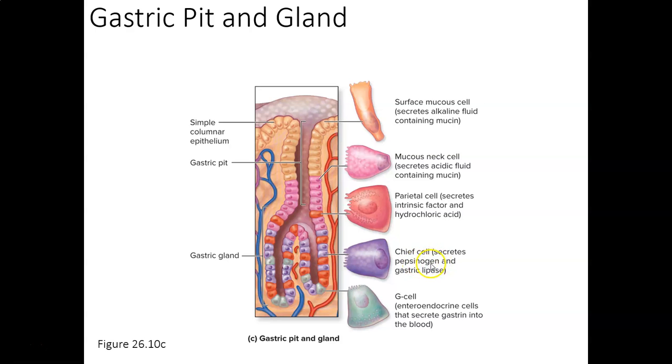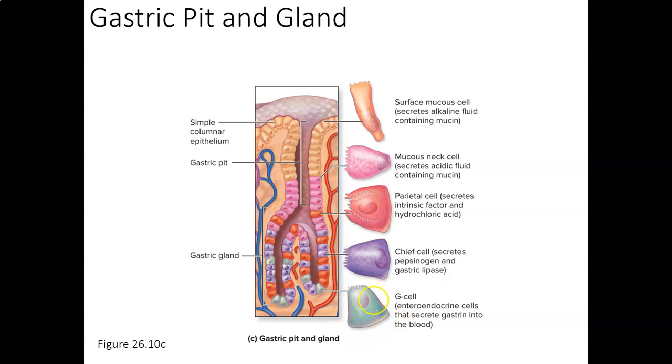When pepsinogen is activated, it becomes pepsin, and pepsin is a protein enzyme, a proteinase, that chops up proteins. So those are two types of digestive enzymes. Lipase, what do you think lipase is going to do? Think about that. Okay.